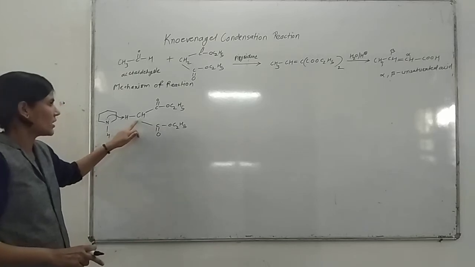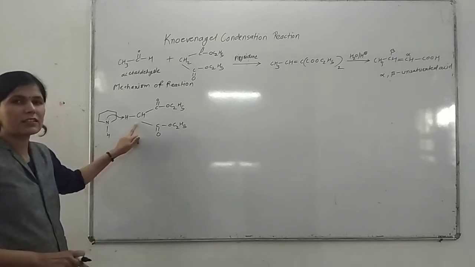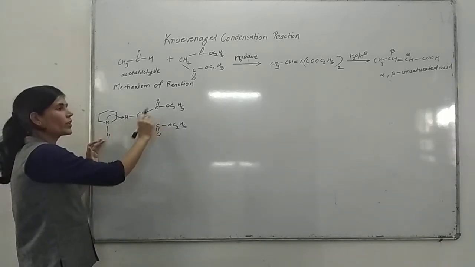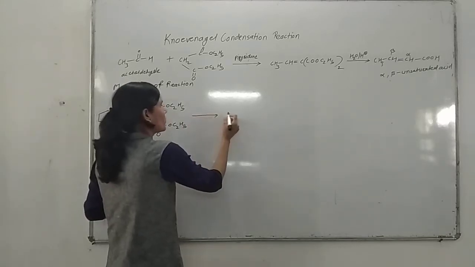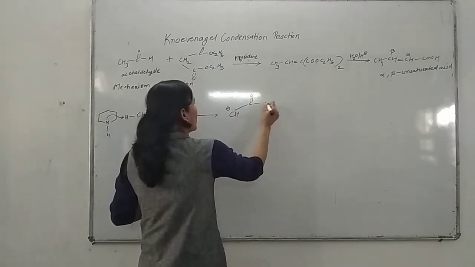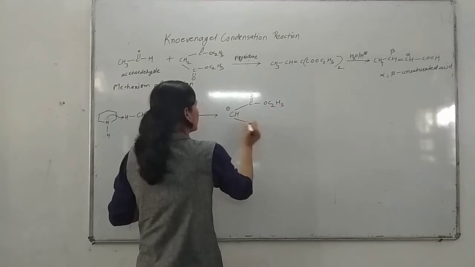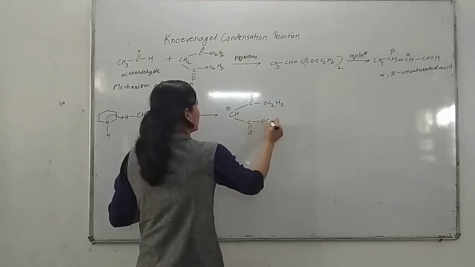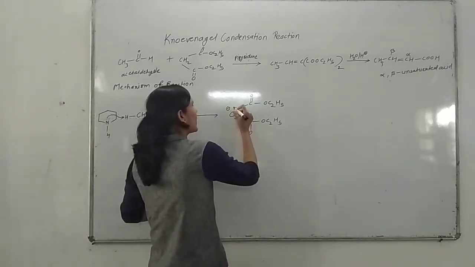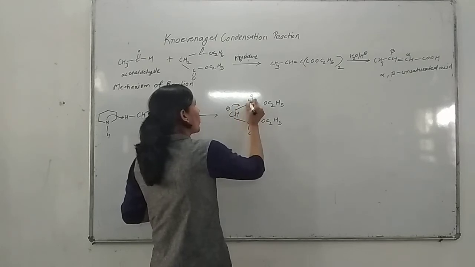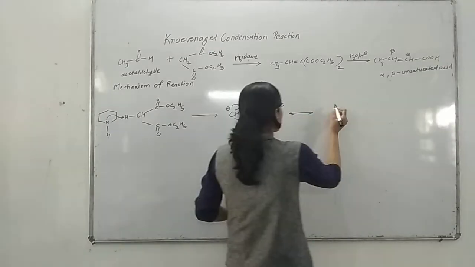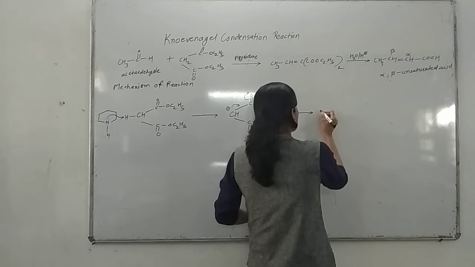So piperidine attracts the proton from this malonic ester, and this results in the formation of a carbanion, that is the anion of malonic ester. This anion is stabilized by the electron withdrawing effect of the carbonyl group. These are the resonance structures of this carbanion.